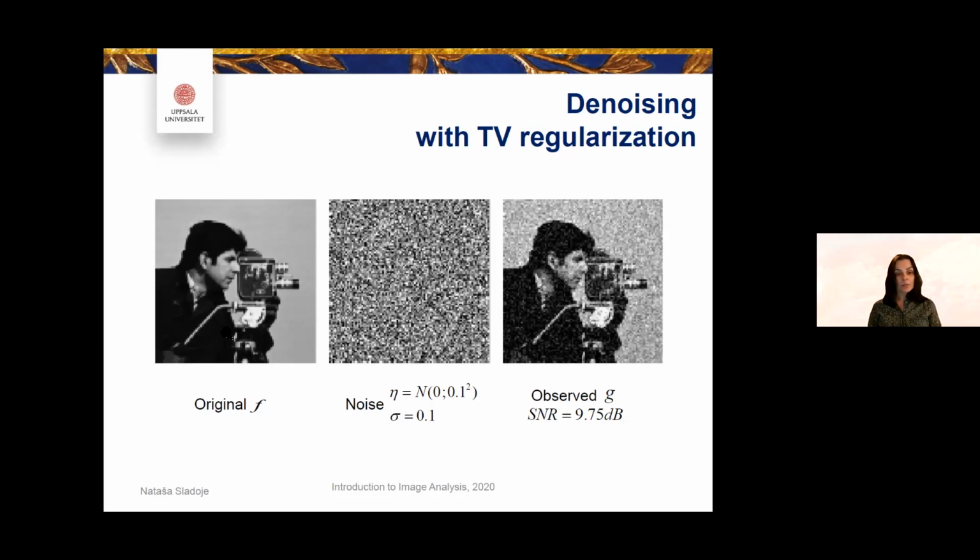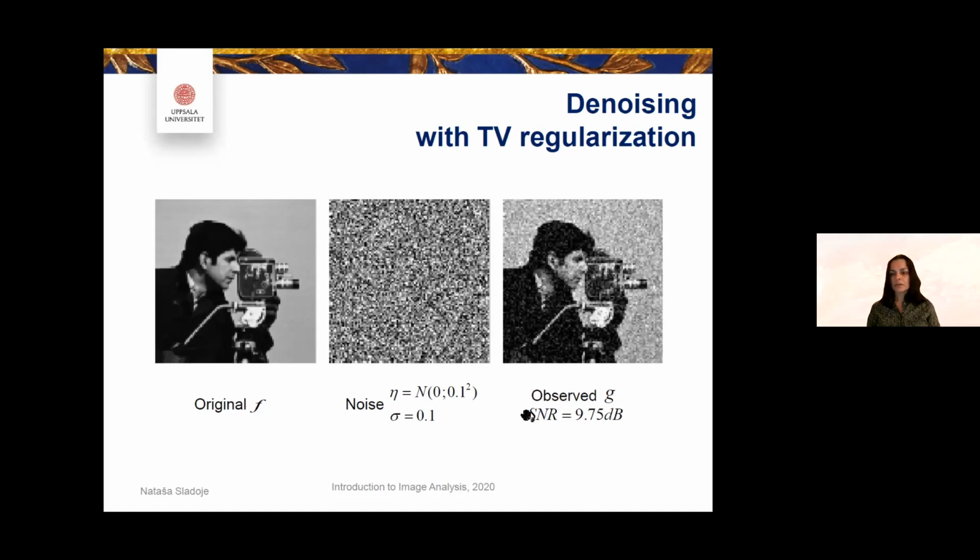So here I have my original image that I add noise to. This is Gaussian noise, normally distributed noise with sigma equal to 0.1 and mean equal to 0. This is just to keep in mind for a short while. And then I have this observed image. This is what I call G in this notation that I use.